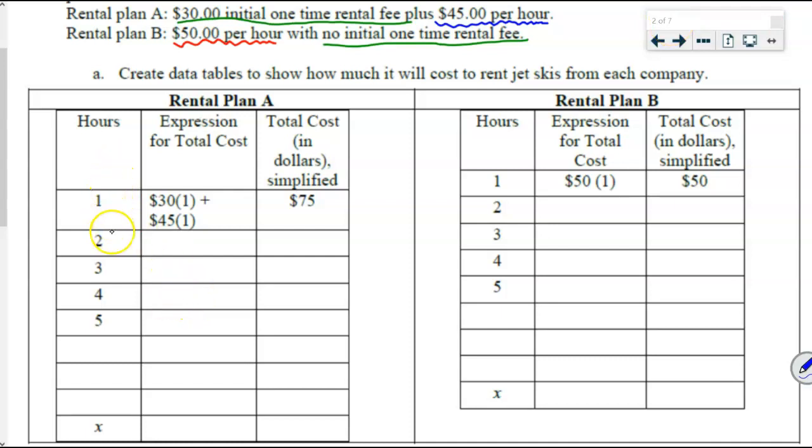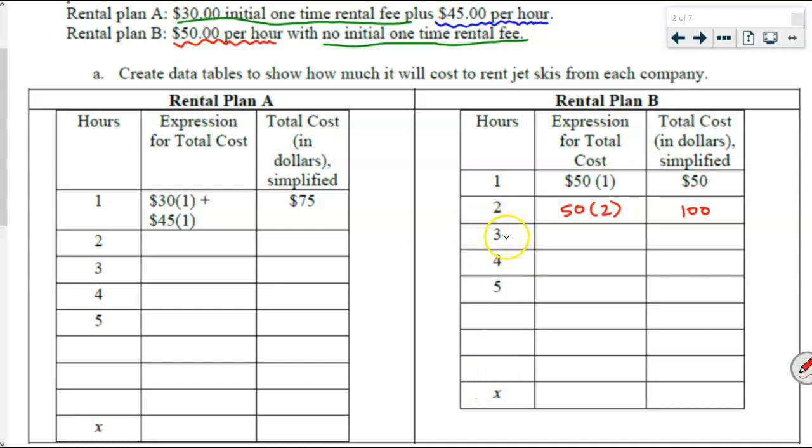All right, so I'm going to focus on rental plan B for right now, just because it's nice and easy. We have $50 per hour. We're not paying any extra fee. So 1 hour, that's 50 times 1 for a total of $50. For 2 hours, that's going to be 50 times 2 for a total of $100.